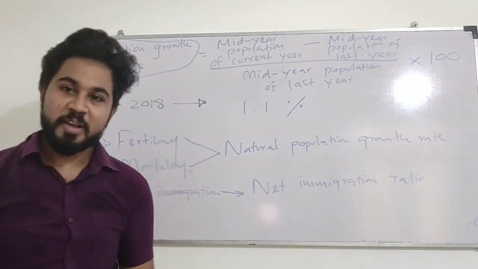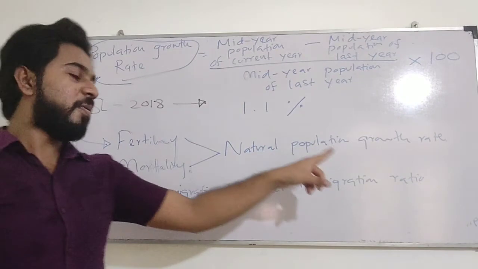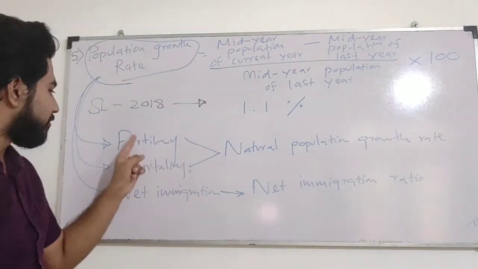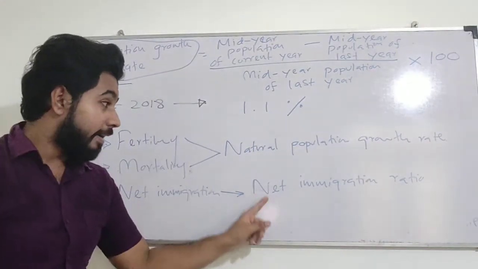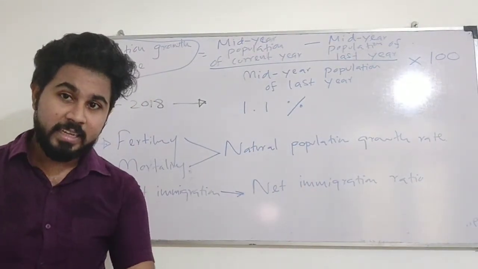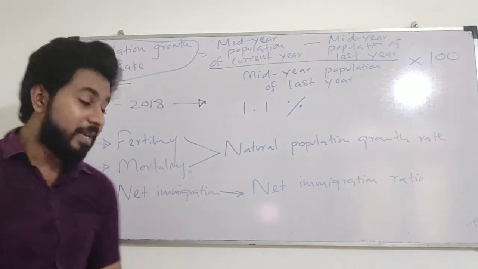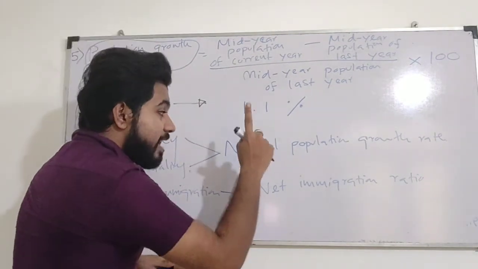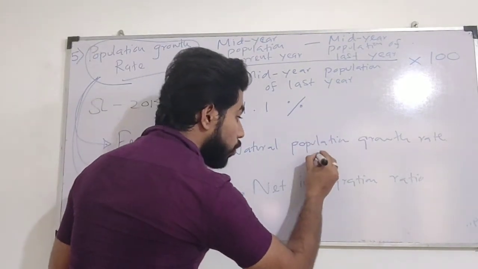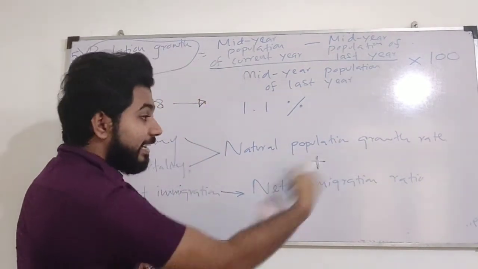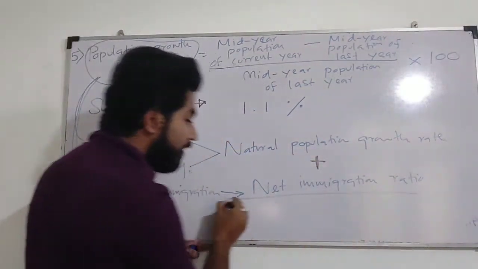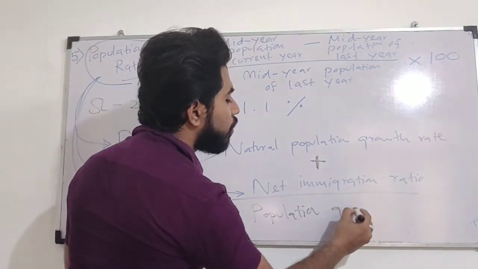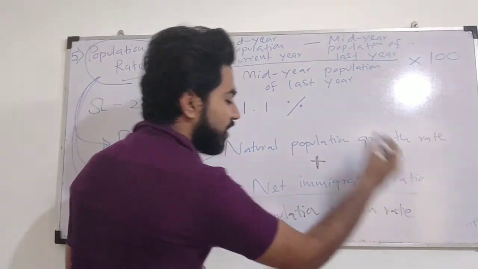So my dear students, natural population growth rate represents the population growth that happened because of fertility and mortality. The net immigration ratio represents the growth of the population that happened because of net immigration. So when we add natural population growth rate with net immigration rate, your final answer will be population growth rate.